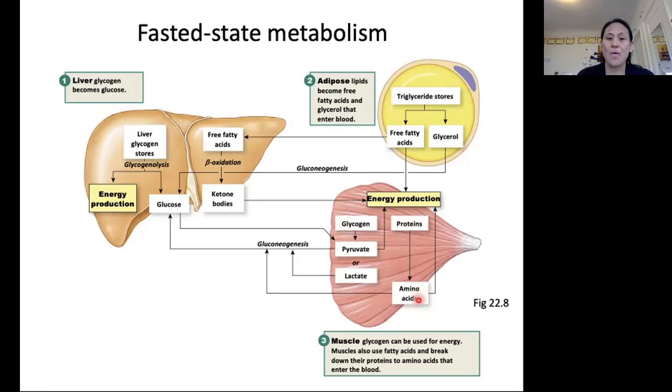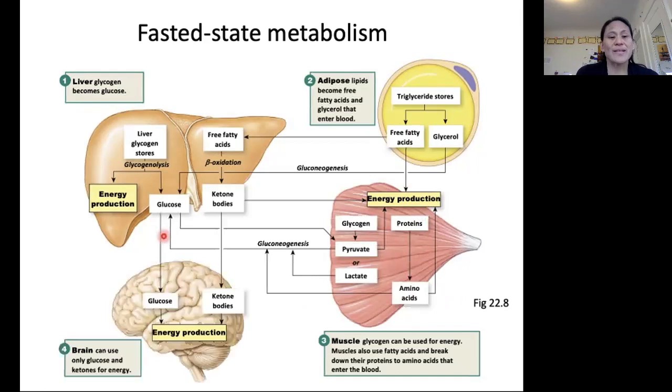And then those amino acids can enter gluconeogenesis, which then will give us glucose and eventually ATP. So this is why when people are starving, they start to lose muscle mass, because after they have tapped into these other energy stores, they start to break down their muscle mass in order to free up these amino acids to convert to glucose.